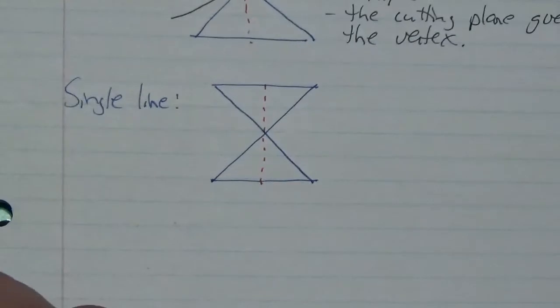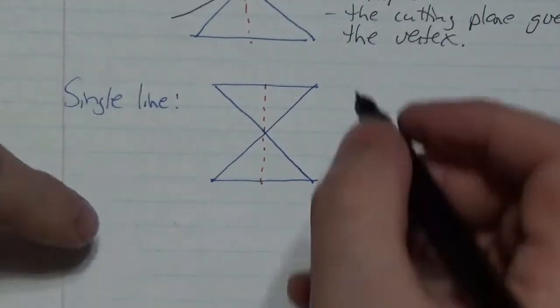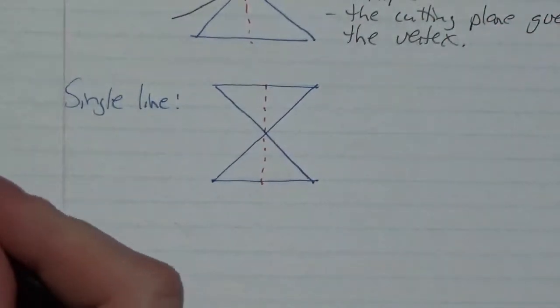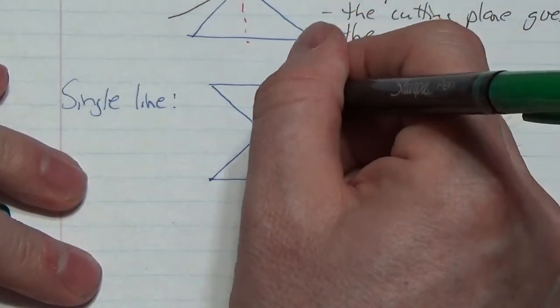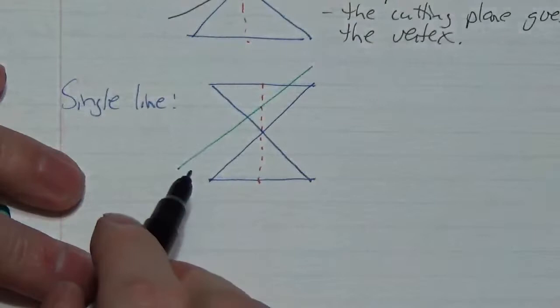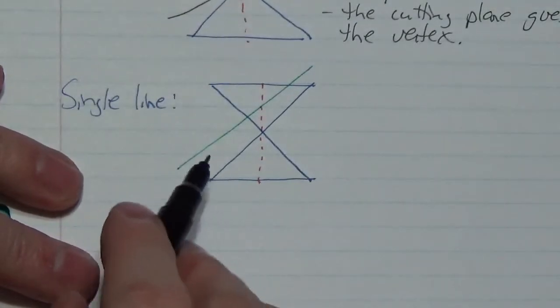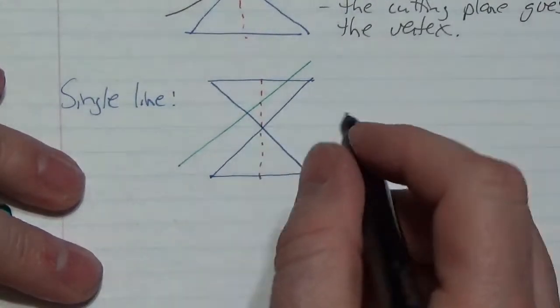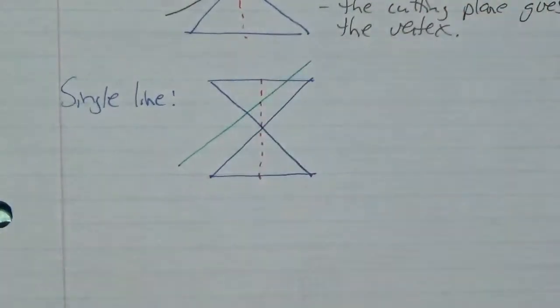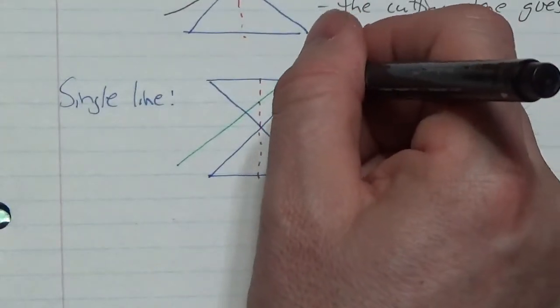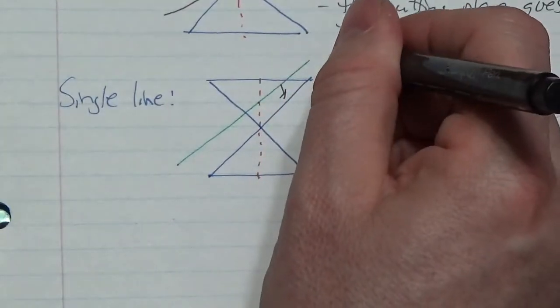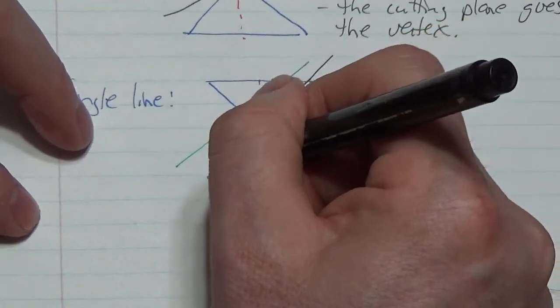If I take a cutting plane, and this time I'm going to obey the rule for a parabola. So my cutting plane is going to do this here. I could have done that a little bit more parallel, but you get the idea. So we're going to assume that this is a parabola here. If I take that and move it closer to the vertex, so that eventually it passes through the vertex.